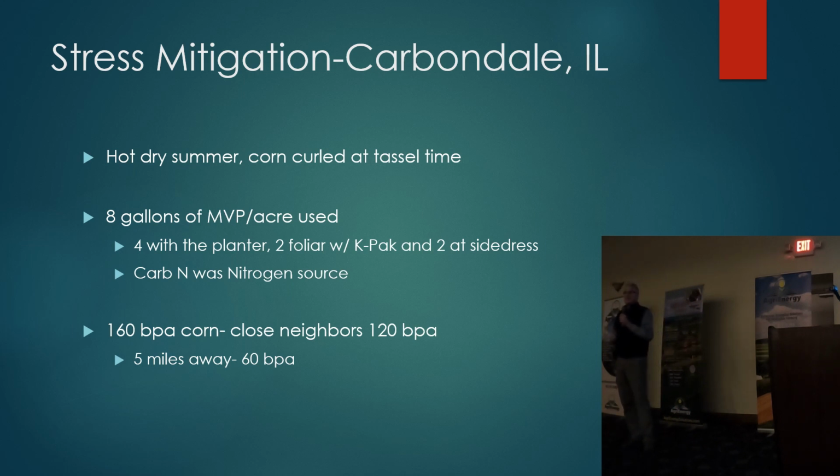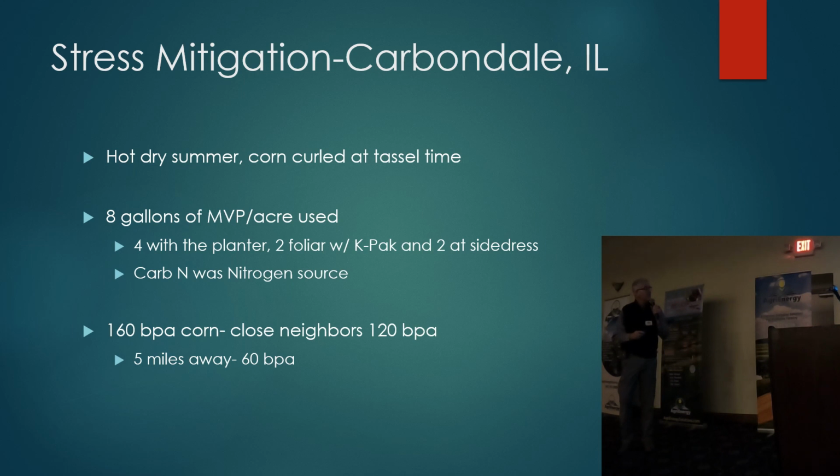He did put together a strong program. He used 8 gallons of MVP per acre total. 4 went on with the planter. He did a foliar with 2 gallons of K-Pack and 2 gallons of MVP. And he also put on 2 gallons of MVP at side dress.